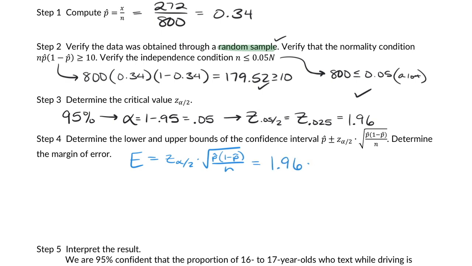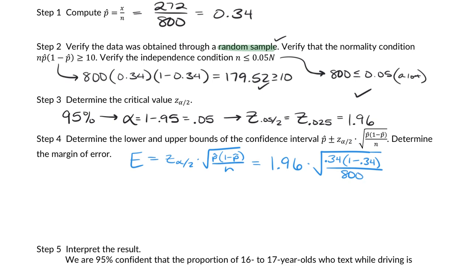Then we're going to multiply by the square root of p hat. What was p hat? Oh, it's 0.34 from the beginning. 1 minus 0.34 over my sample size, which is 800.